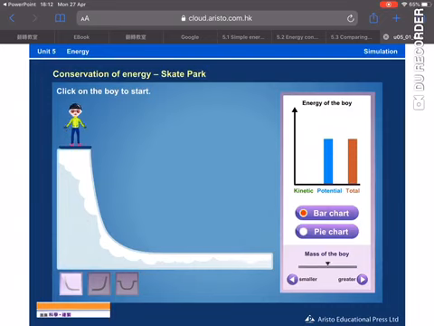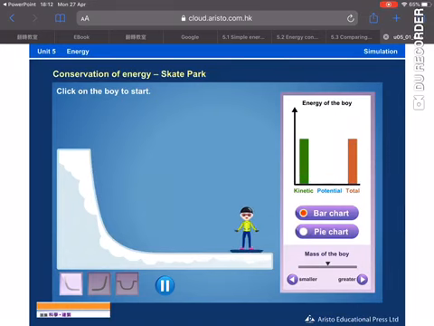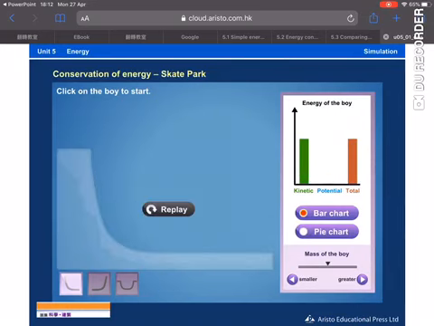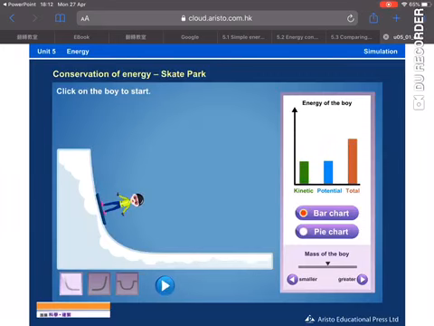Okay, so let's start from there, and you will see that when the person is sliding downward, the kinetic energy starts to pick up. When the person reaches the bottom, you see here the person is at the bottom and the kinetic energy is at full extent, but the potential energy is 0 because all of it has been converted.